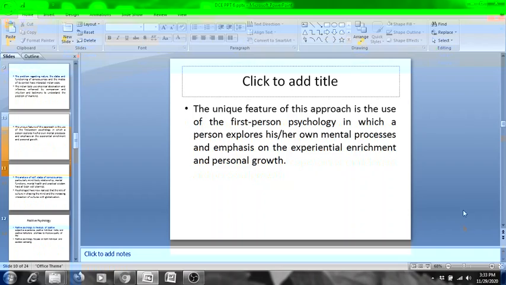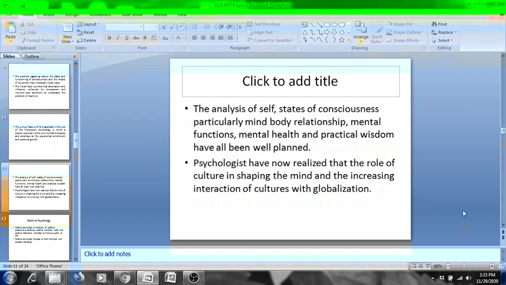The unique feature of this approach is the use of first person psychology, in which a person explores his or her own mental processes and emphasizes experiential enrichment and personal growth.